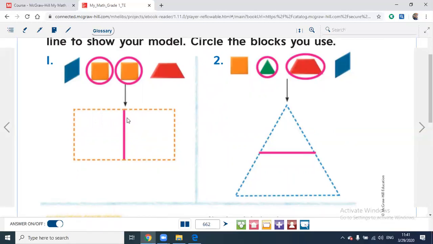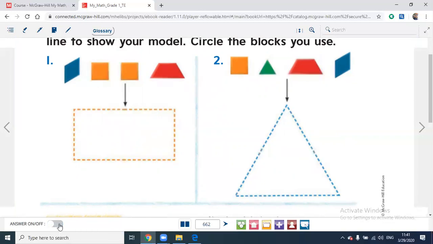How do we know? Just draw a line inside it. It was like this before, right? So I can draw a line inside this large rectangle to have two squares, as you see.